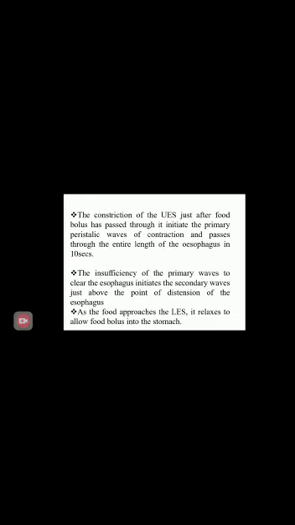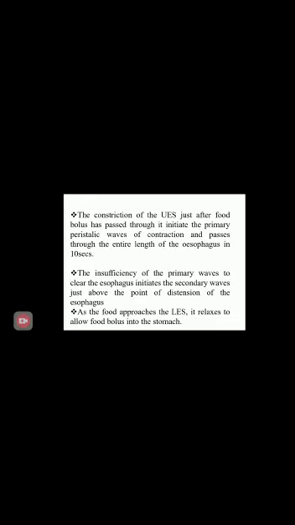As the food approaches the lower esophageal sphincter, that's the second gate, the gate out of the esophagus, the lower esophageal sphincter relaxes, thereby allowing the food to move from the esophagus into the stomach.